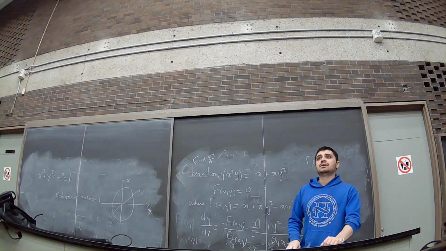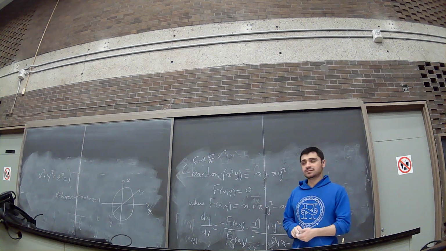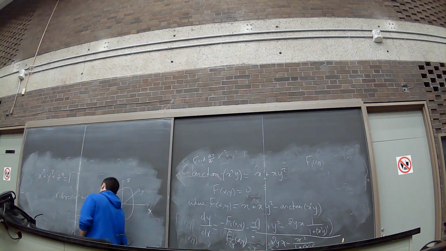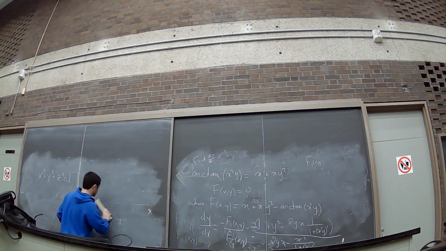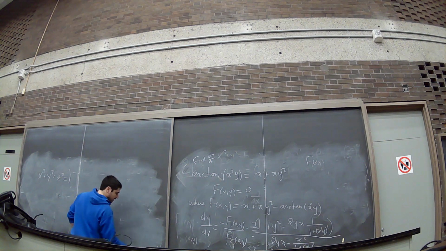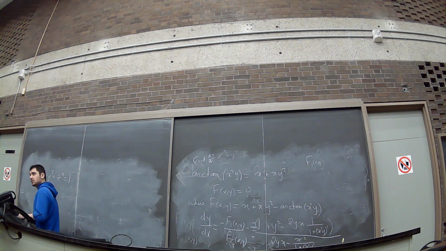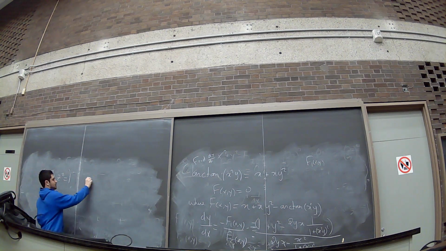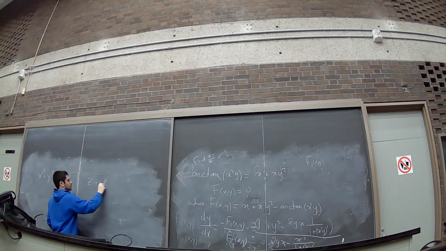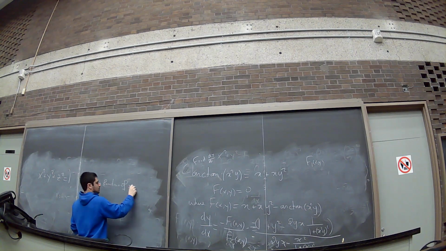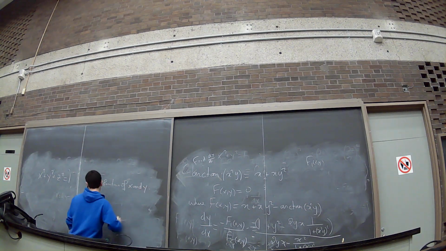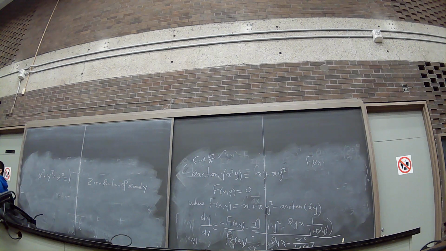Great. Now, z is a function of x and y. Suppose that x and y are two independent variables, and z is a function of x and y. I tell you I want to find del z del x.